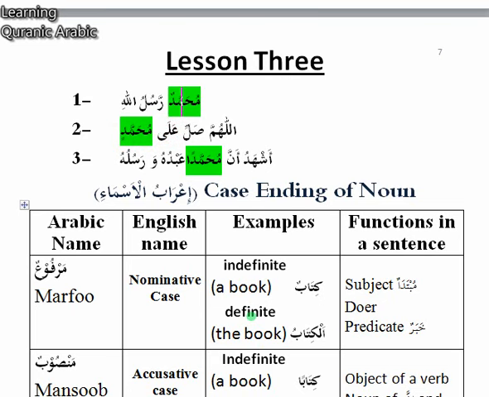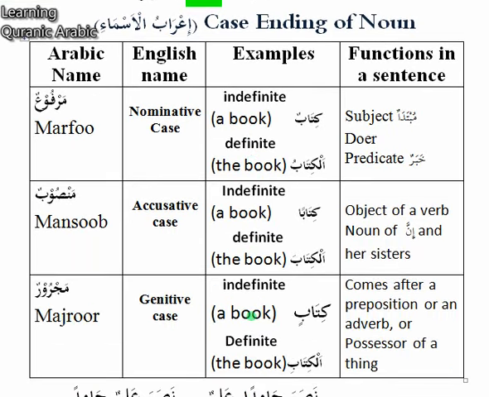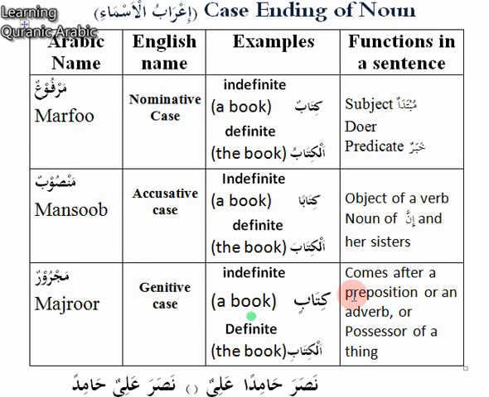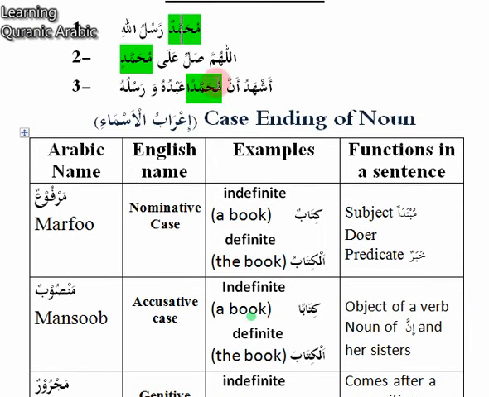We said that whenever a noun comes after a preposition, then it is what? Majroor. It will have double kasra or tanween kasra. That's why it has a tanween kasra here, this noun. It is used after the preposition. After the preposition, exactly. That's why it's Muhammadin.